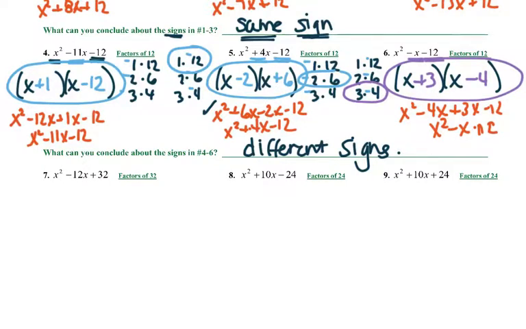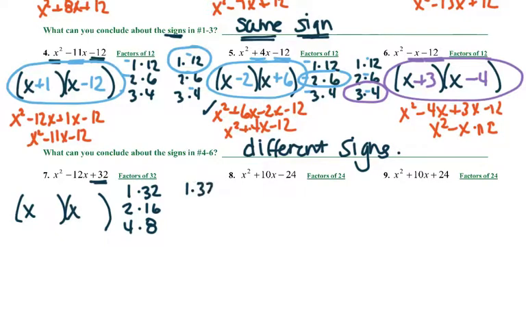So now just a little kind of mixed up practice with some bigger numbers like 32, 1 times 32, 2 times 16, 4 times 8, x and x. It has to multiply to a positive 32 and then add to a negative 12.